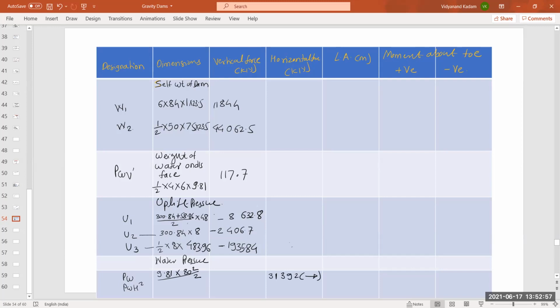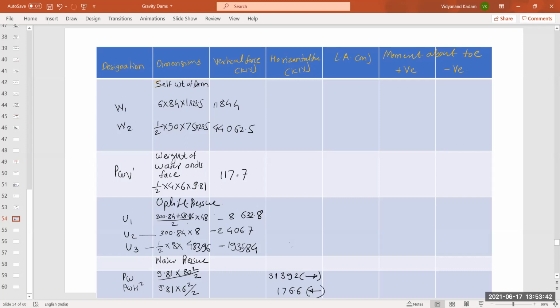Direction is towards right. Then PW H dash, it is the tailwater pressure, and it is given by W H dash square by 2. So W is 9.81, H dash is 6 square, divided by 2. If we calculate this, then this value comes out to be 176.6 kilonewton, and direction is towards left. Okay, so show the directions for the horizontal forces.